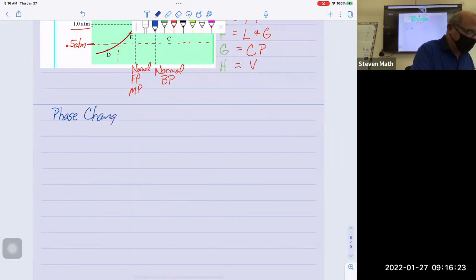We're only going to do phase changes for water. They're not going to be as prevalent as you would like. These are also known as heating curves. For these, you need a few different pieces of information. C of ice, C of water, and C of steam. 2.1, 4.18.